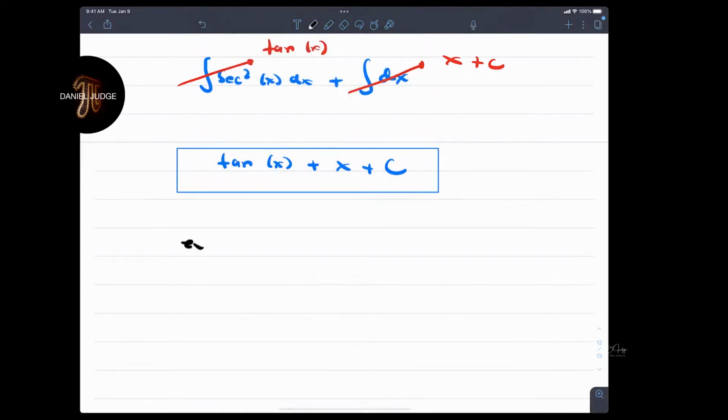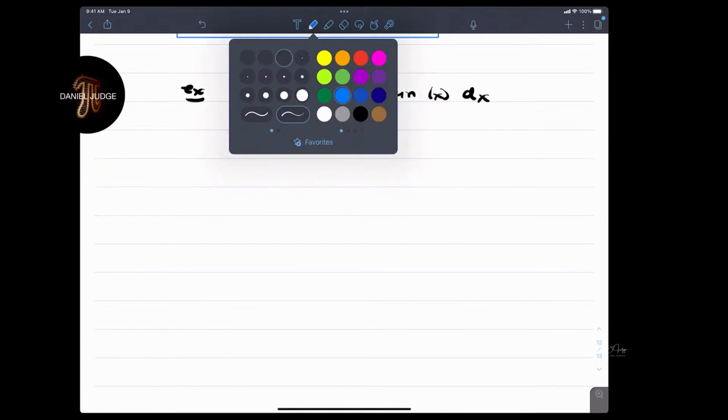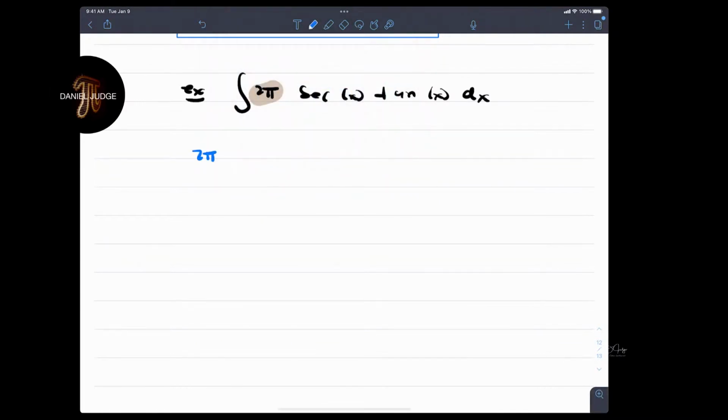You know, but not always, at least in the beginning. They want to know if you can actually identify these antiderivatives, using some properties, and they'll throw in some algebra. So factor out that constant, and then here you've got the integral of secant tangent.